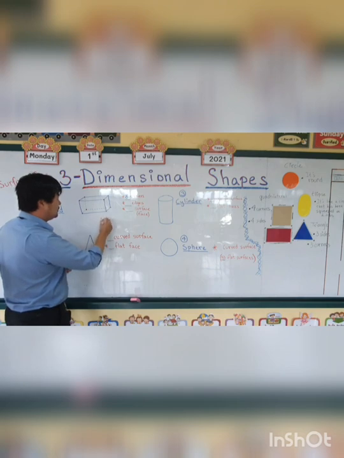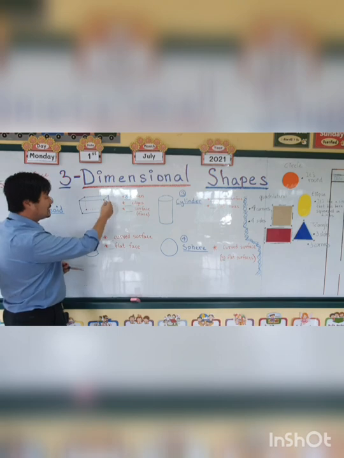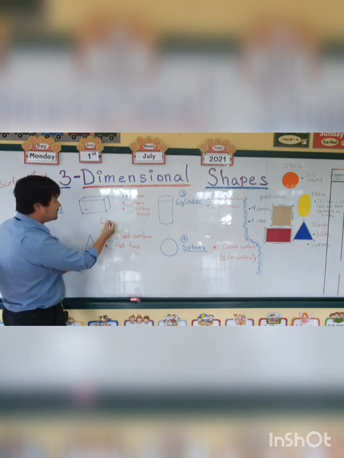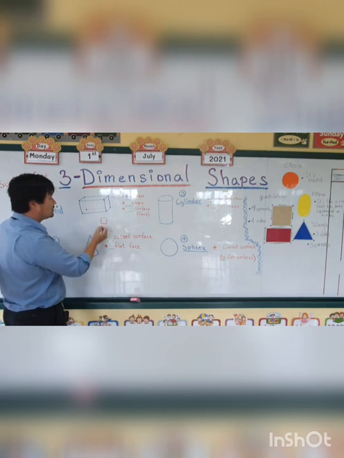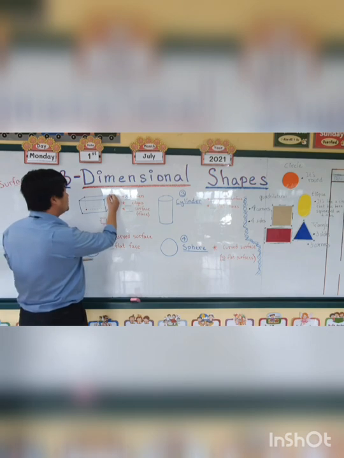So, this is the cuboid seen from that side, and this is an edge. This is an edge, this is an edge, this is an edge. So, let's write corners. This is a corner here. Corner.